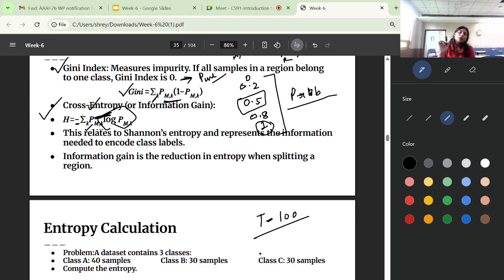You can just write the formula in the chat. So the question, I am repeating: there are 3 classes, class A, class B, class C. There are 40 samples, 30 samples, 30 samples. Total number of samples is 100. You have to compute the entropy. Entropy is written here.